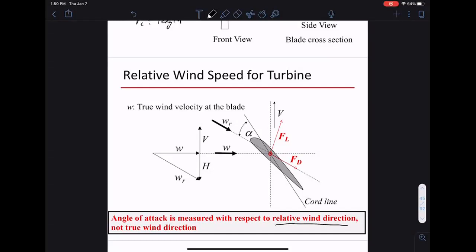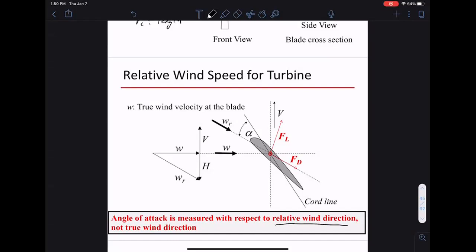Yeah, I drew FL in the wrong way. I should draw FL perpendicular with V, actually. Instead, that one would be F.